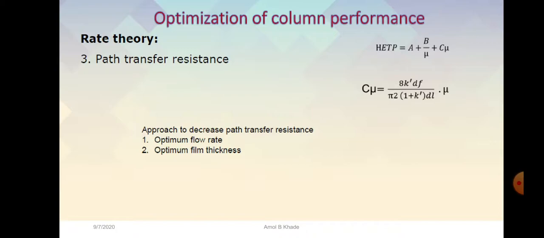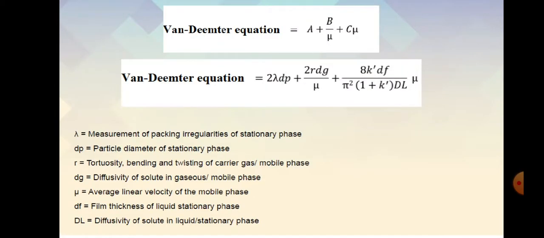So what we can do to minimize the path transfer resistance? df is a diffusivity of solute, it is a film thickness, so that can be kept less. The approaches to decrease the path transfer resistance are to set the optimum flow rate and the optimum film thickness. Here we have the entire details of what each term is.